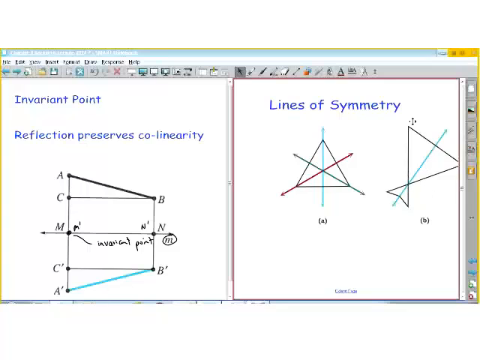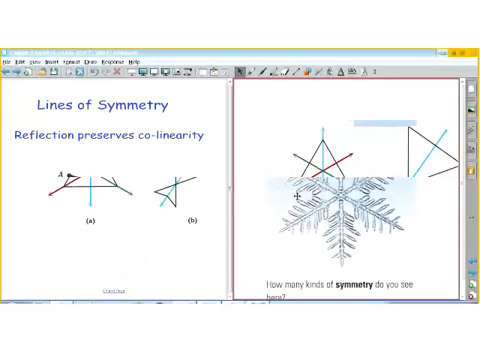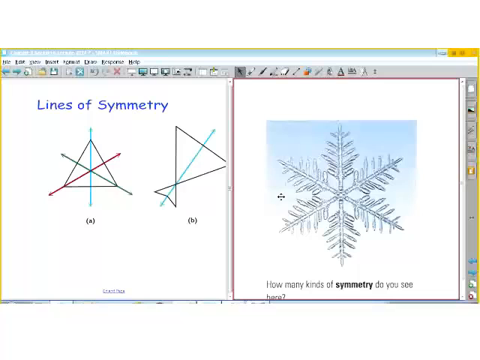In this case we have the line of symmetry, and we see that, going either side the same distance perpendicular, we are on a similar kind of portion of the figure. So there's a lot of things that have symmetry. This is a case of a snowflake.